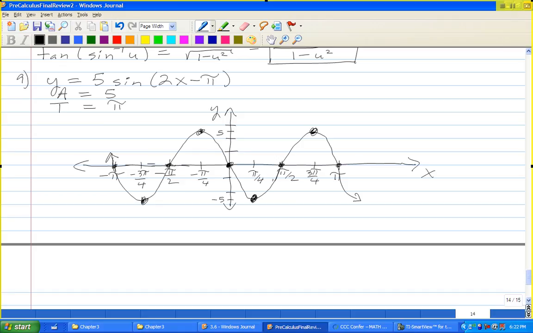It says label the local maximums. These are local maxes.